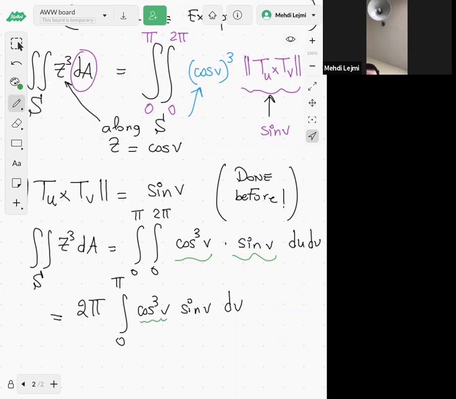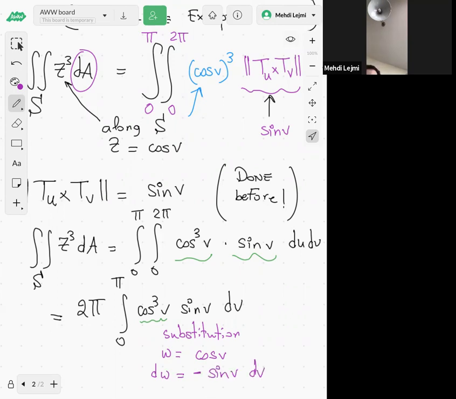Let's say w equals cosine of v, and dw is minus sine of v dv.